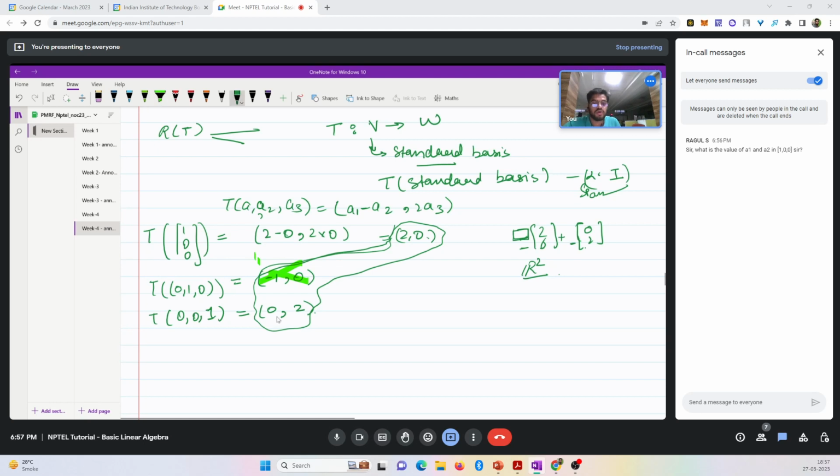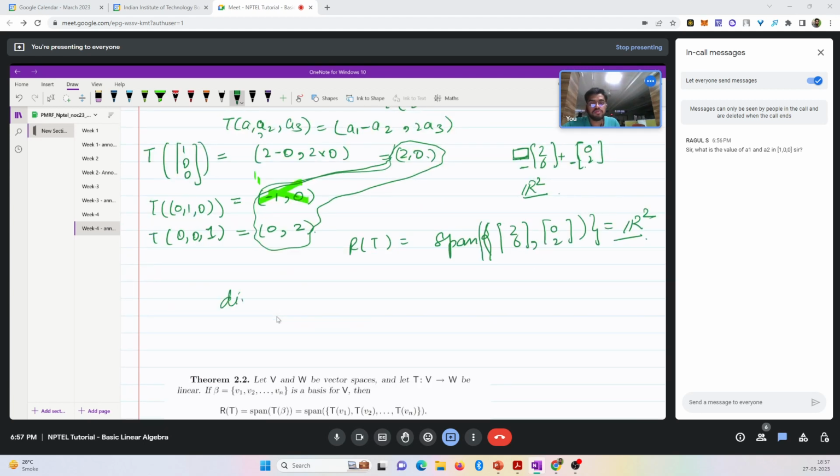Okay. So R of T is nothing but the span of (1, 0) and (0, 2), which is nothing but your complete R2. Now what is the dimension of R2?